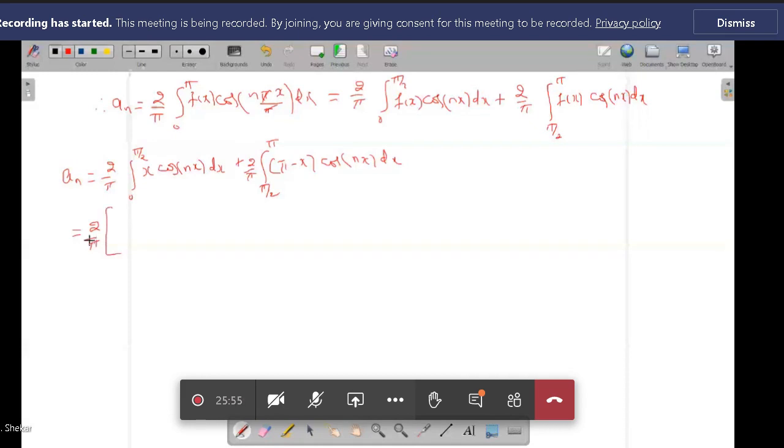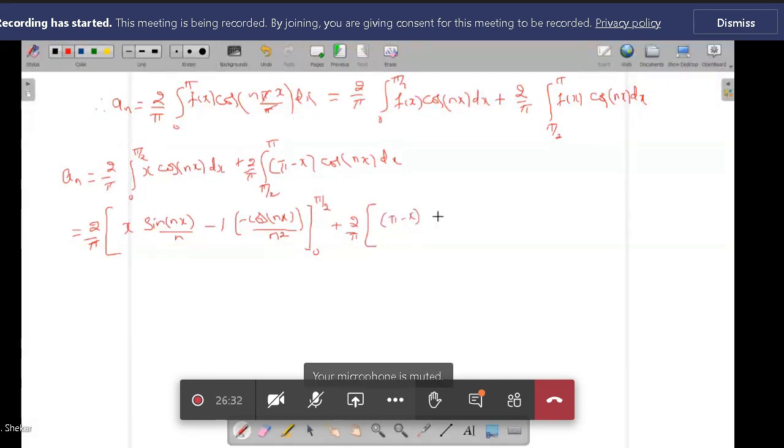I can take 2 by pi common. So first function x into integration of cos is sin nx divided by n, minus derivative of x is 1 into integration of sin is minus cos nx by n square, limits from 0 to pi by 2, plus again 2 by pi, first function that is pi minus x into integration of cos is sin nx divided by n, minus derivative of pi minus x is minus 1.